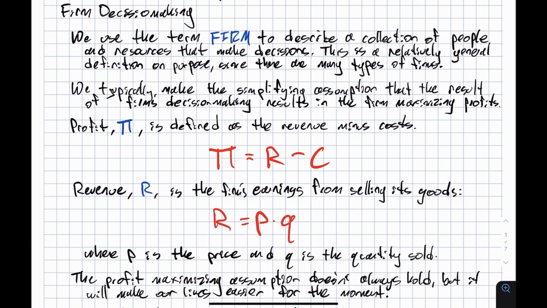Okay, so first we're going to start with firm decision making. This is really just introducing the way we think about firms and how they choose. So really a firm is sort of a collection of people and resources, a unit of decision making. This is pretty general. We do this on purpose because there are many types of firms.